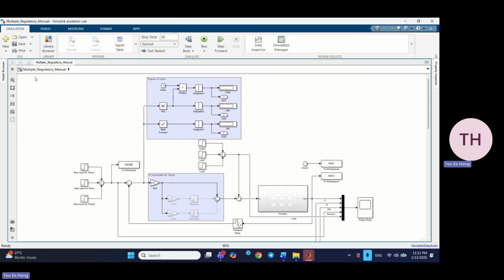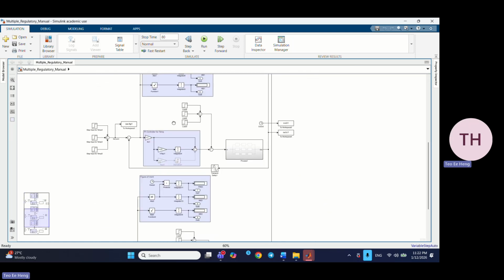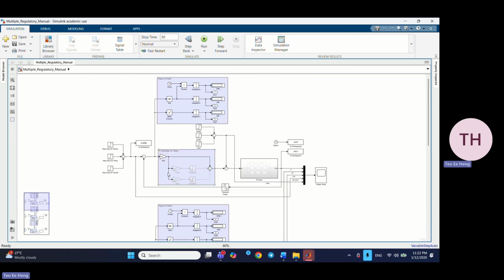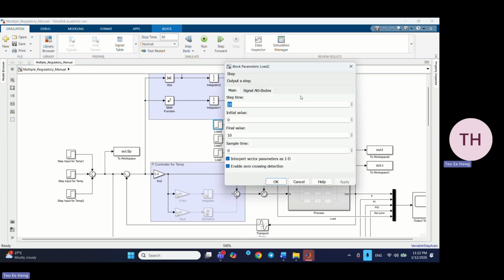For the multiple set points and disturbance in the regulatory control by the manual controller, we also have three controllers here: P controller, PI controller, and the PID controller. For the regulatory control system, we need to set multiple disturbance loads, which is U. For load 1, U is equal to 10 at the step time of 18 seconds.